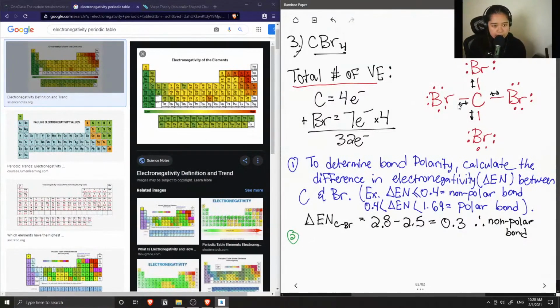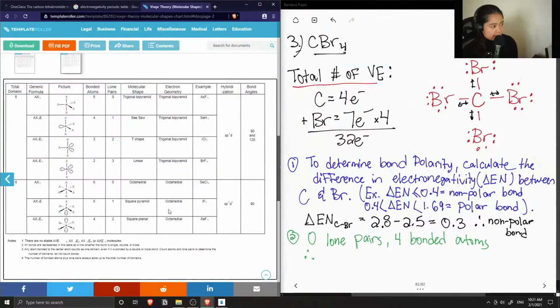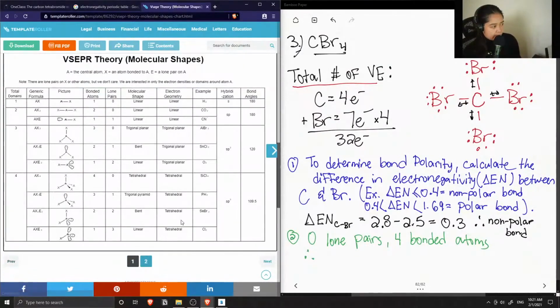To find the molecular shape, we need to look at our central carbon, and we see that it has 0 lone pairs and 4 bonded atoms. If we see a VSEPR table, when you have 0 lone pairs and 4 bonded atoms, we have a tetrahedral shape and electron geometry.